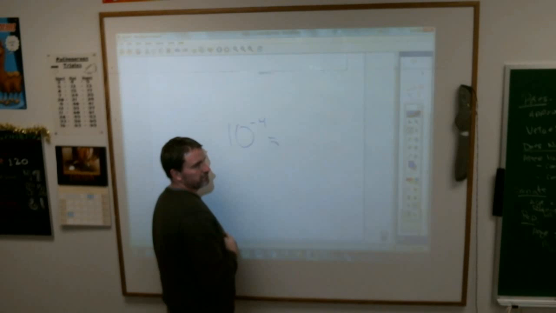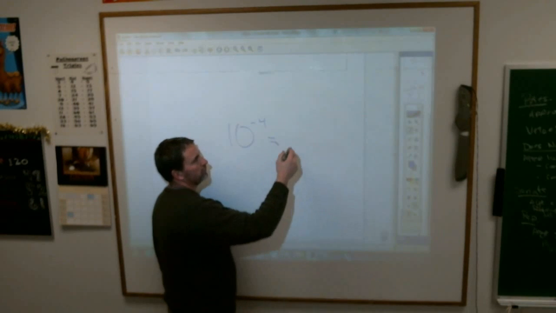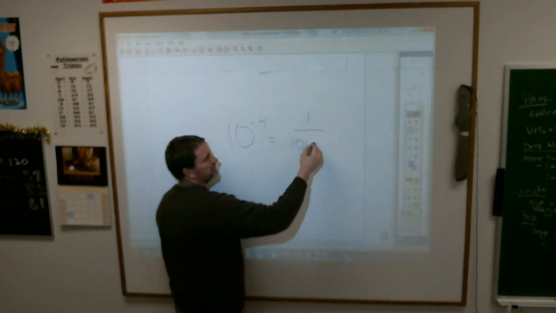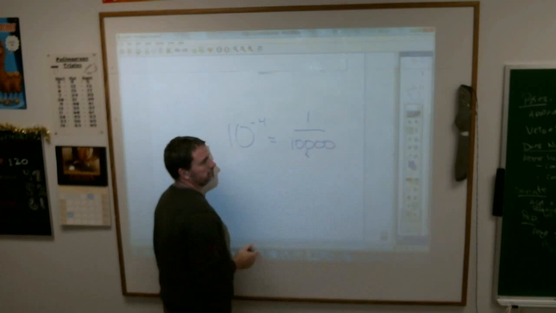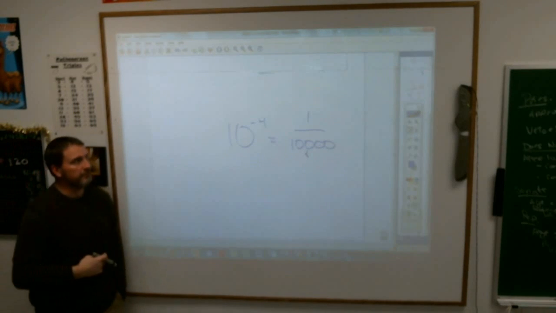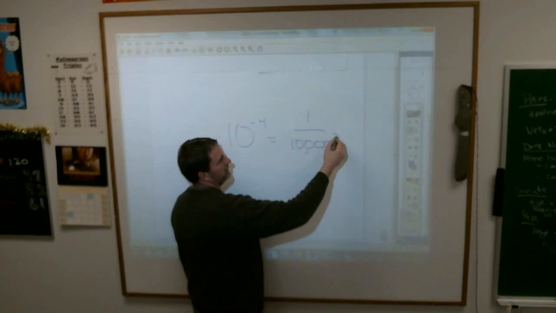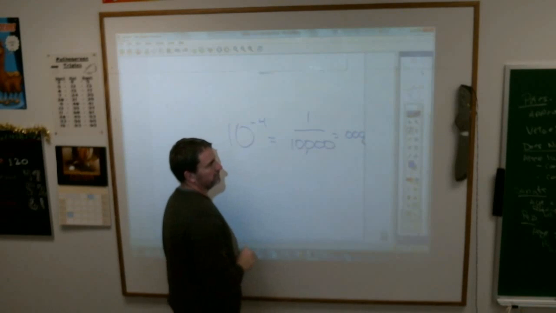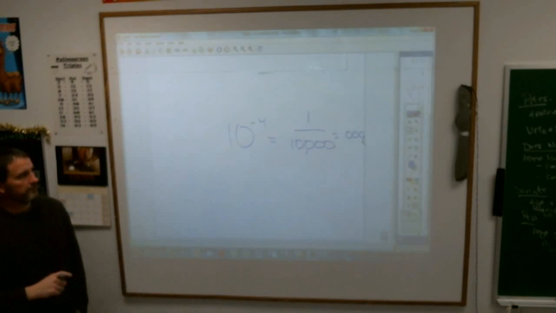Just 4 of them. It's 1 over what? 1 with 4 zeros. 1 over 10,000. Or, in decimal form, guess what it would be? 0.0001, tenths, hundredths, thousandths, ten-thousandths.